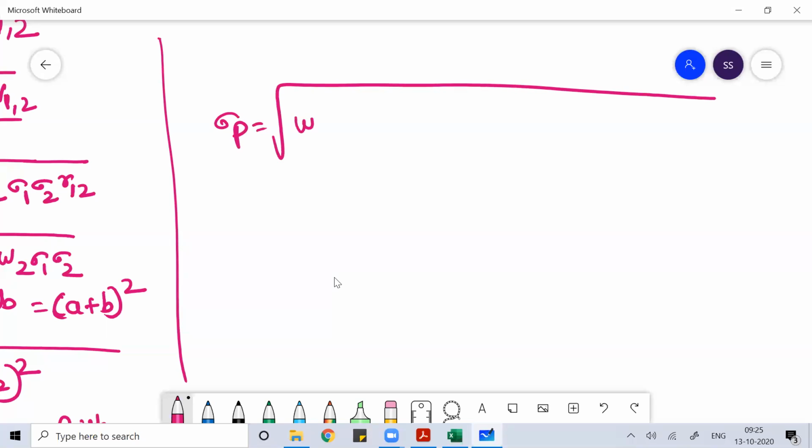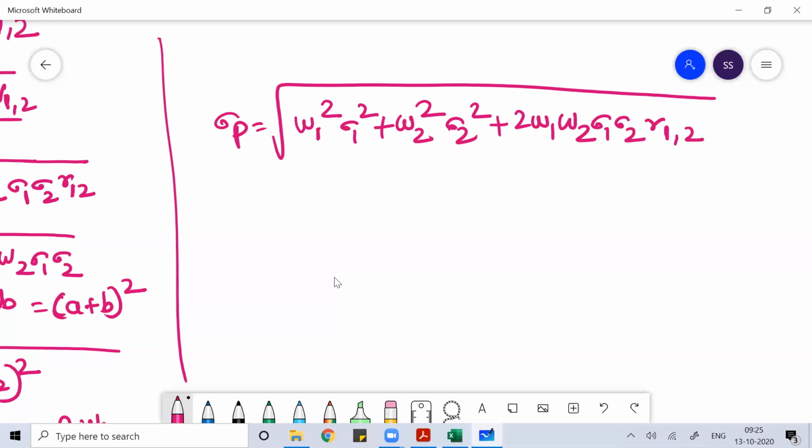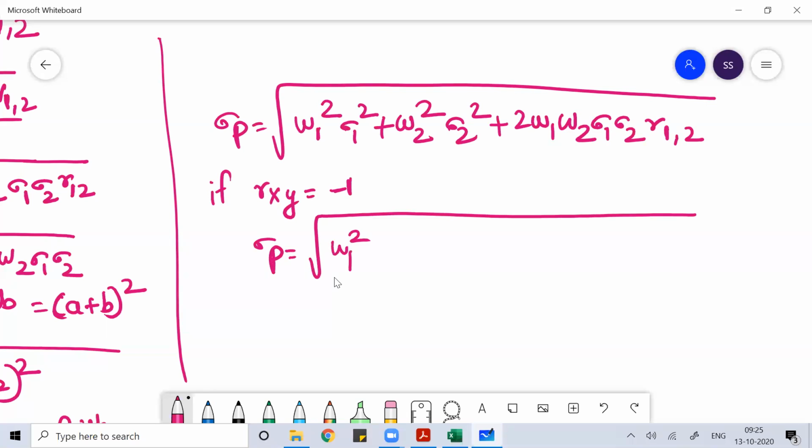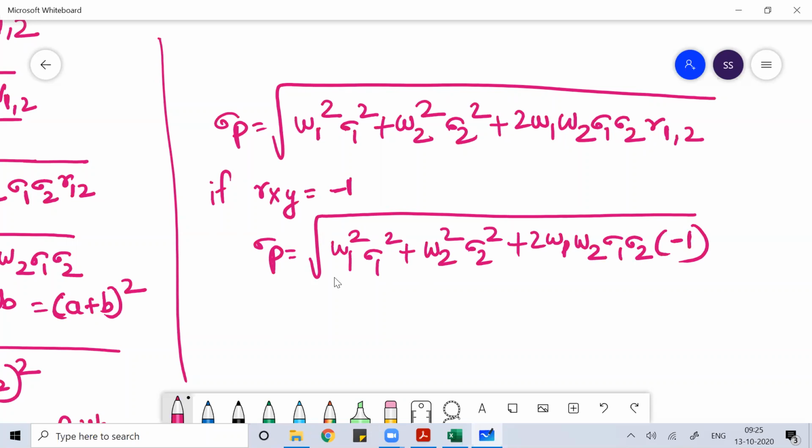If I talk about the case when the coefficient of correlation is -1: if the coefficient of correlation between the two stocks is -1, then the standard deviation of the portfolio is W1 square sigma 1 square plus W2 square sigma 2 square plus 2 W1 W2 sigma 1 sigma 2 into R of 1 2, and R value if I take -1.